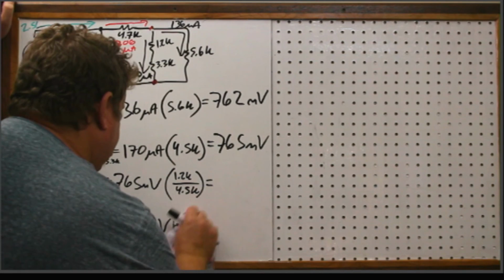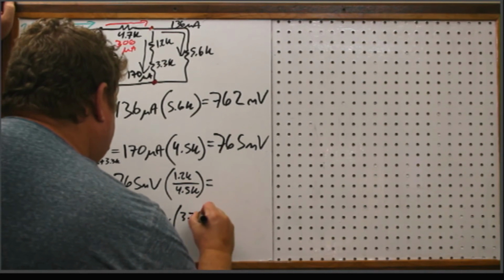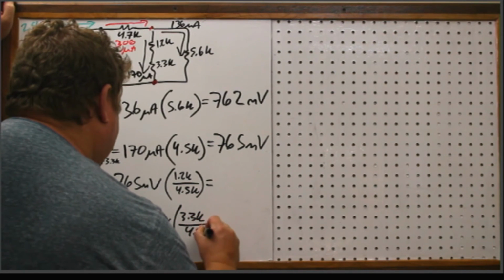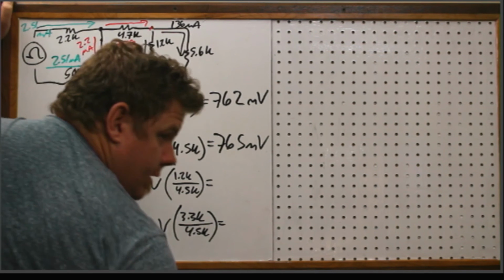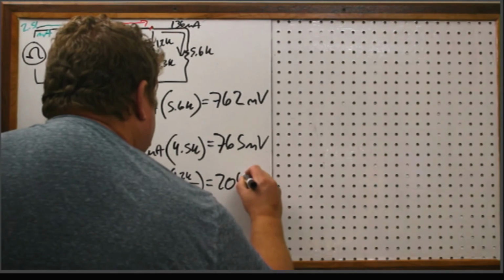That's really bad, you can't see it, so let me rewrite it. So 3.3K over 4.5K. All right, let's see what this is. 765 times 1.2 divided by 4.5. That one is 204 millivolts.